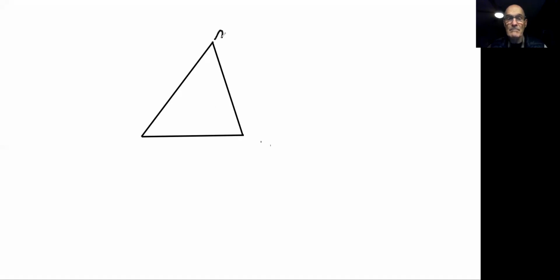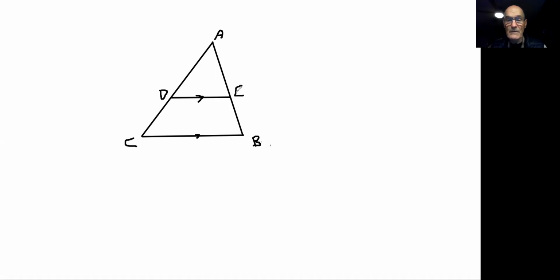This would be A, this would be B, and this would be C. Now you do a line across, or a segment across the triangle here, that is parallel to one of the two sides. So this side here is parallel to this side, and we'll call this side DE. So this would be D, and this would be E.